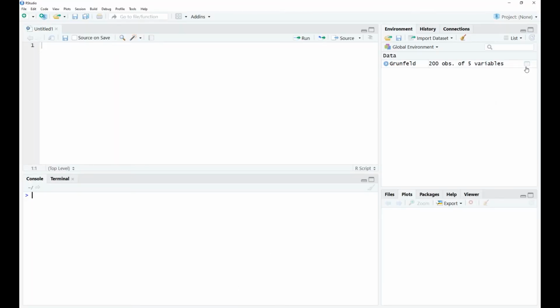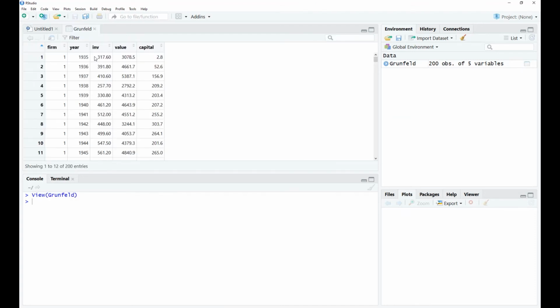So when you look at the data in R, you can see that you have 5 columns: the firm, the year, the investment activity of the firm, the value of the firm, and the capital stock of the firm. Suppose that you are interested in determining the investment activity of the firm as the dependent variable based on the independent variables of value and capital.